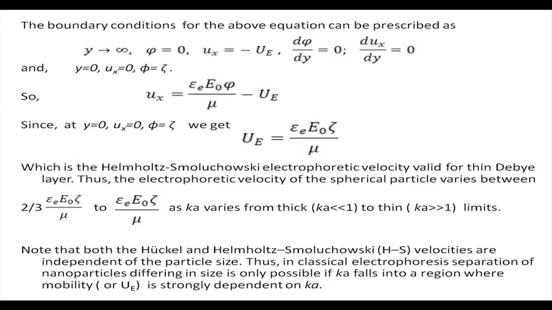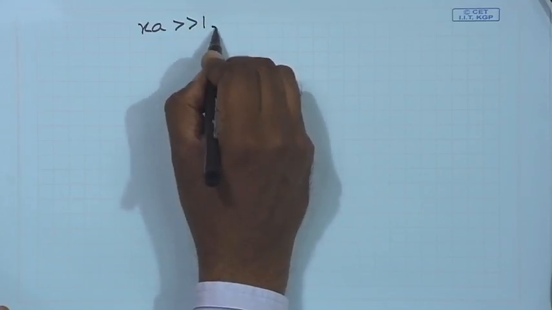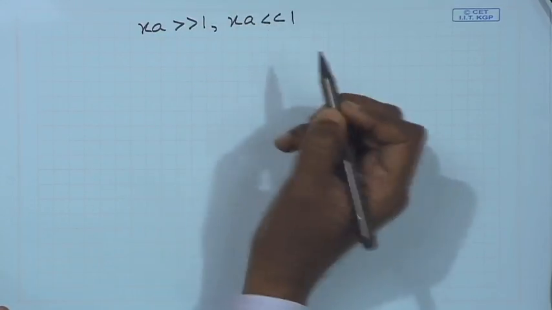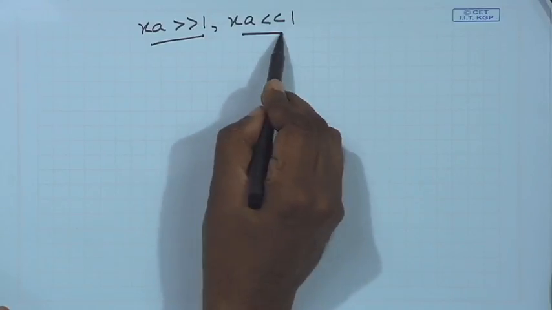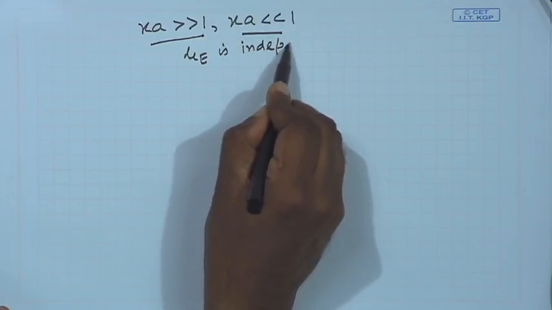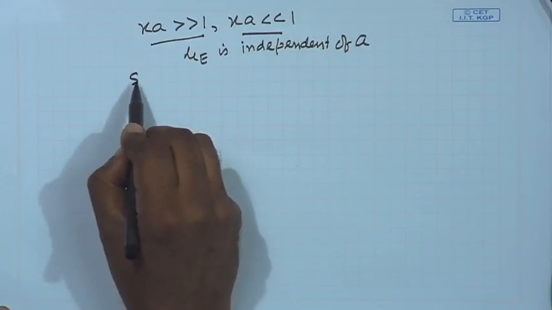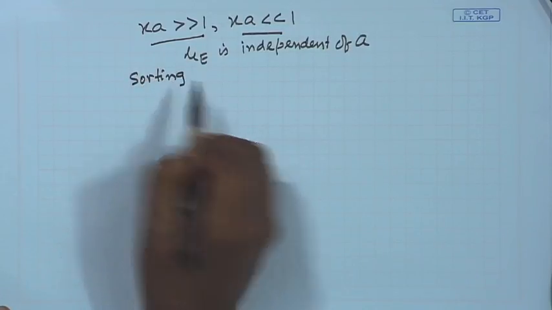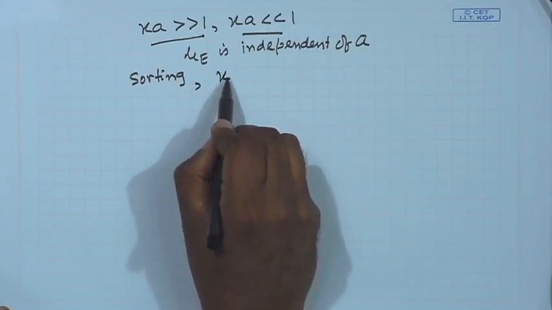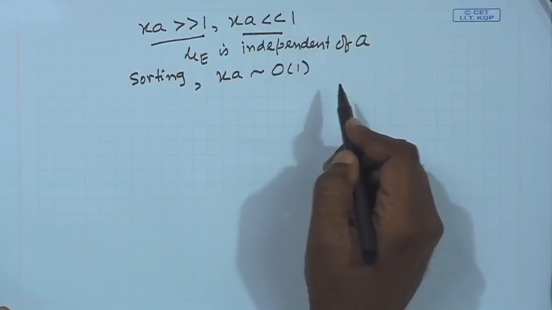So, from the limiting situations, when the Debye length is thin or thick, mu e is independent of size A. So, for sorting on the basis of particle size, k should be of order 1, that means of some comparable value.